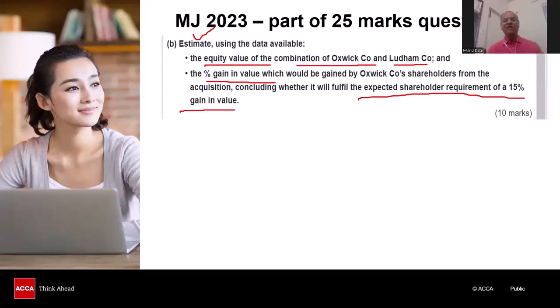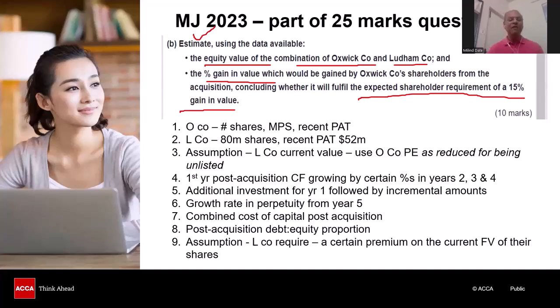So I prepare a sort of a list of points. For both companies, what I need basically is data. For the target company as well as for the bidding company: number of shares, market price per share, recent profit after tax of both companies. You're asked to assume that the target company's current value will have to be calculated using, let's say, the PE method, and the PE should be reduced for being an unlisted company.